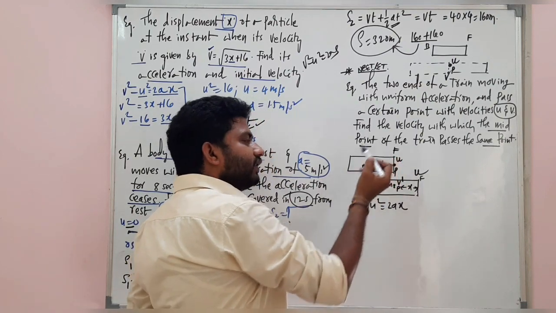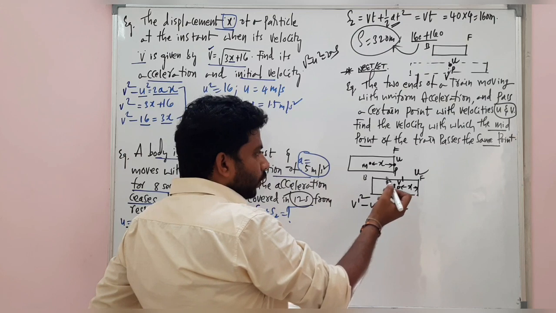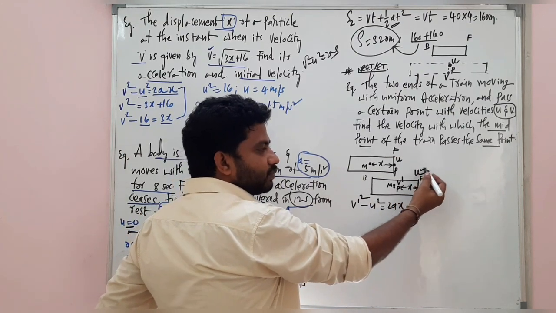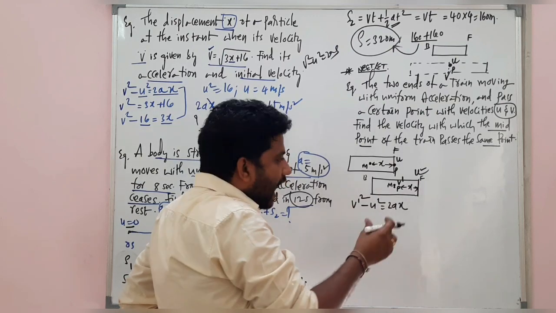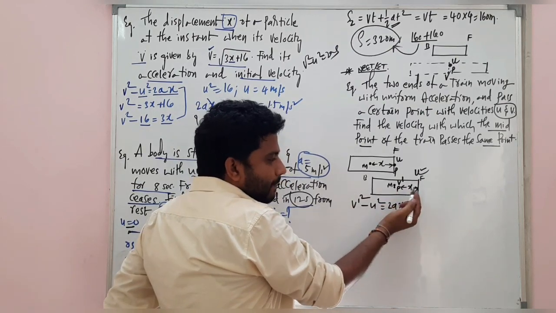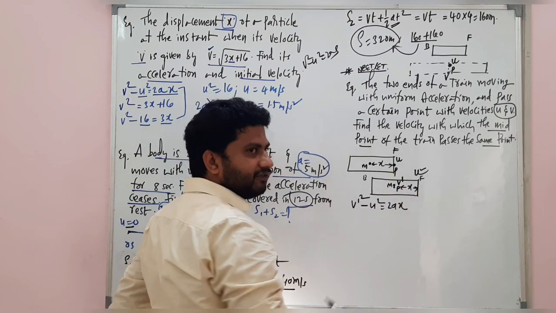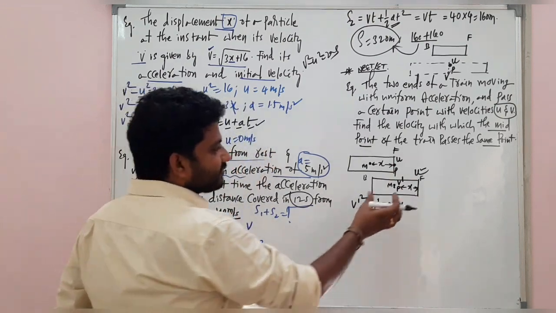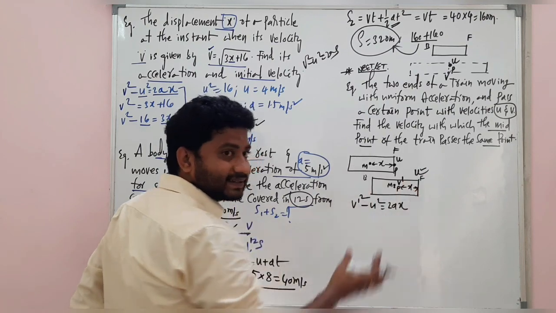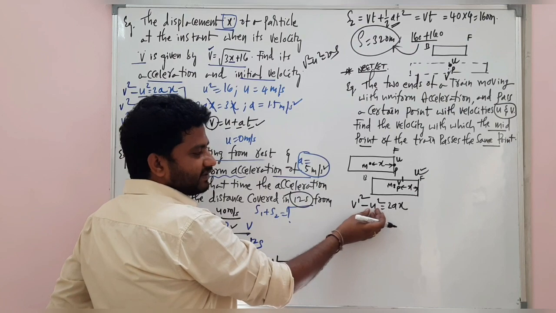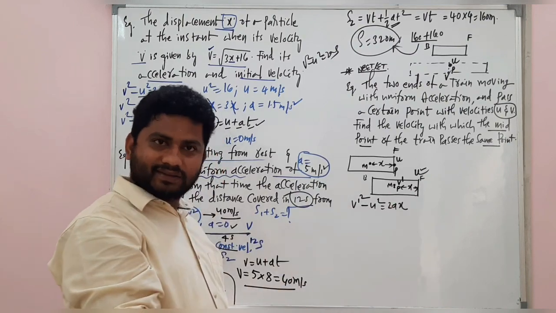The front end of the train passes through the point with the speed u, and after traveling a distance x, the midpoint of the train passes through the same point with the speed v dash. So the distance covered here is x. That's what I wrote: final velocity square minus initial velocity square is equal to 2ax.